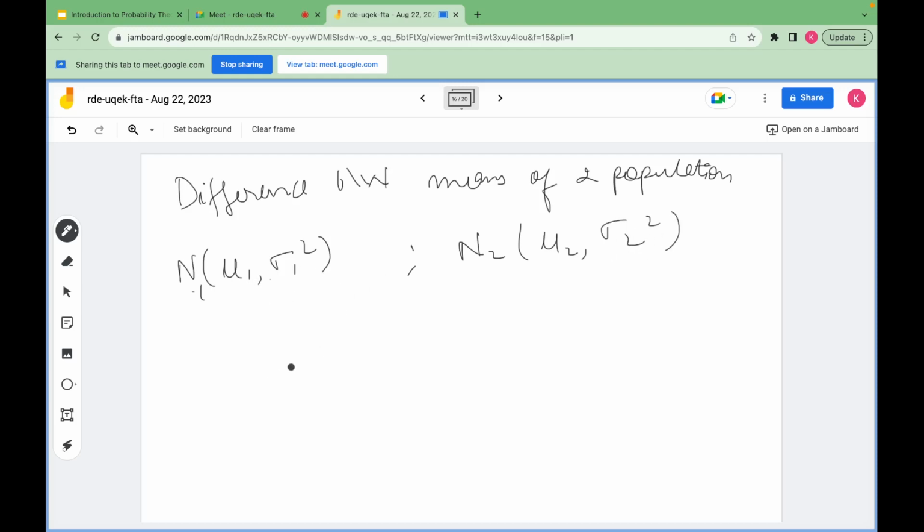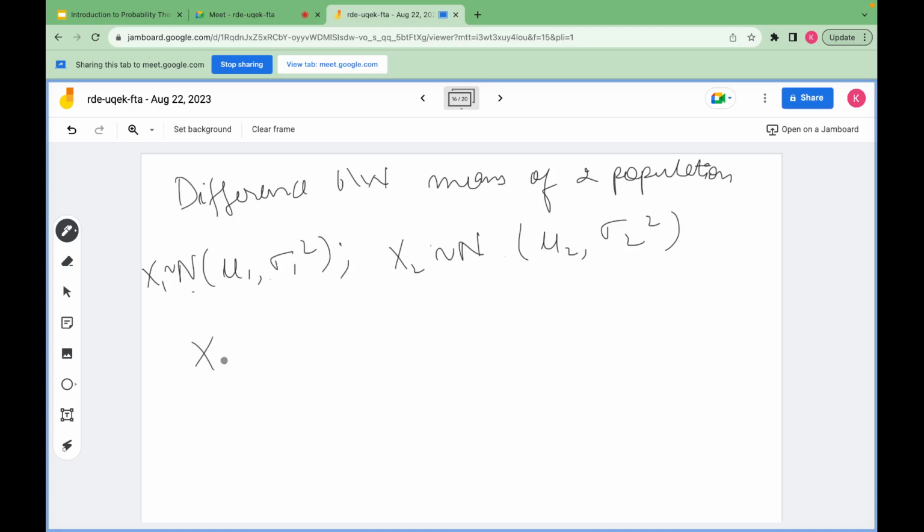Now x1 is normally distributed with mu1 and sigma 1 square, and x2 is normally distributed with mu2 and sigma 2 square.